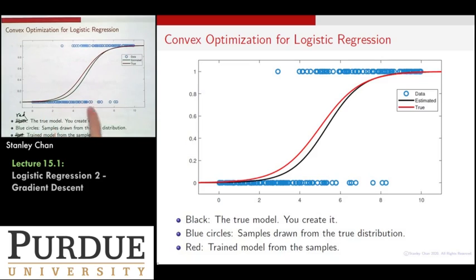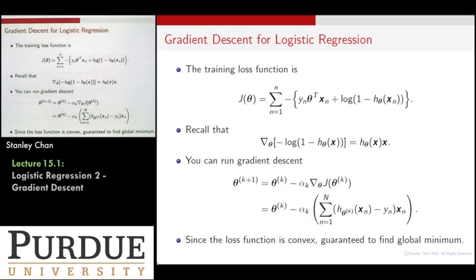And then the blue circles are the training samples that you draw from the red line. Then you run this convex optimization and you get a black line, and you can see that if it works properly, then your black line will be pretty similar to the red line. So you can do this exercise at home. All right, so this is where we left off last time.